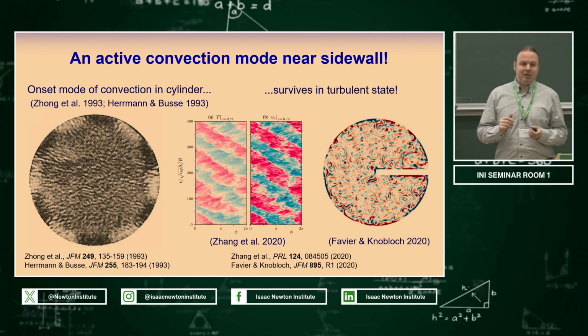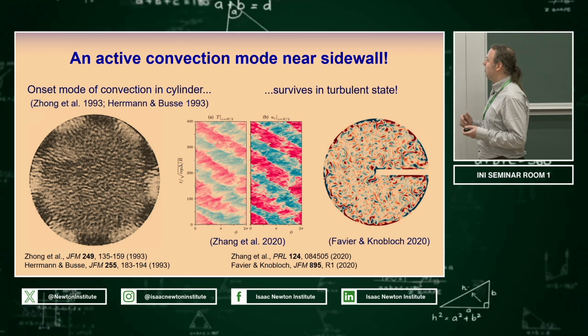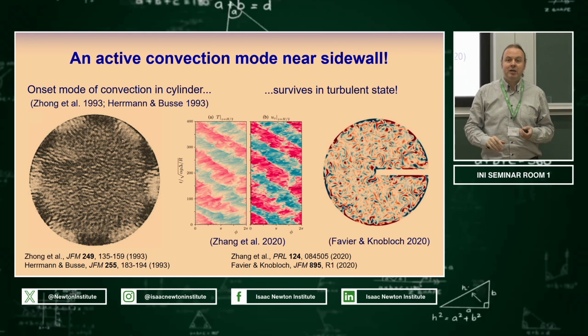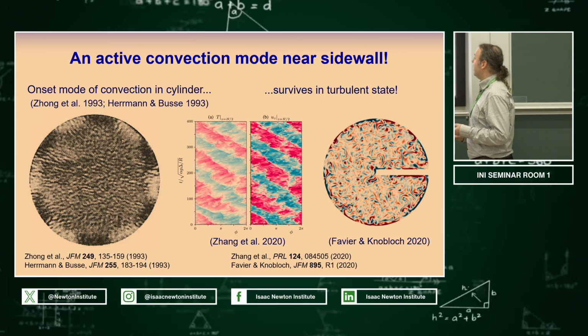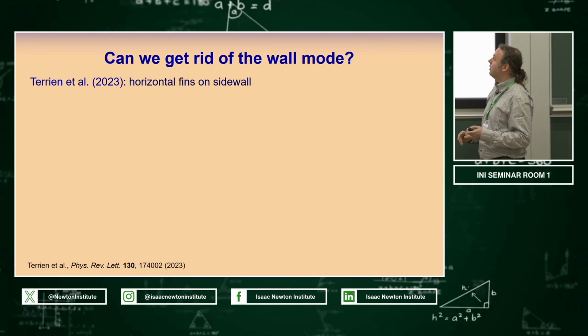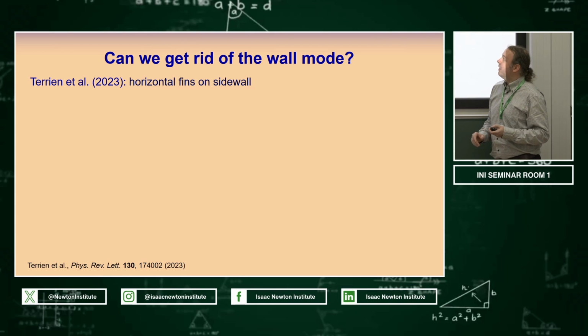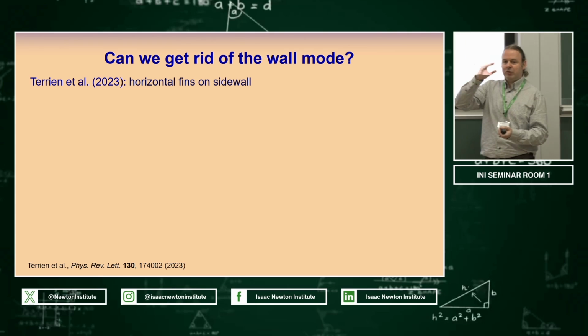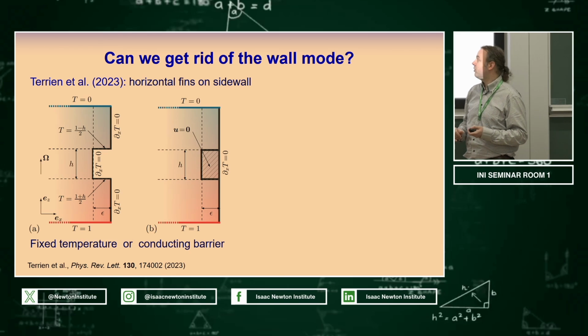So the next step is that we hope to be able to somehow suppress these wall modes from even becoming active. And for that, there has been a recent study where Edgar was also involved, and they propose to put some kind of horizontal fins on the sidewall to try and block this wall mode.